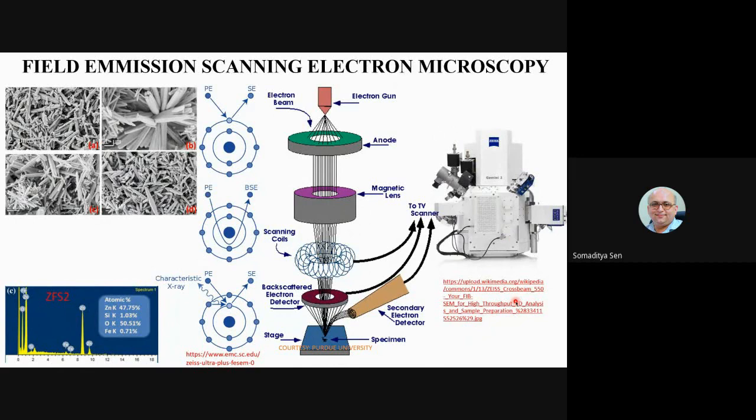Okay. Now, how is it that electron microscopy can give us this? Let us understand a little. What is a field emission scanning electron microscope? The electron microscope has an electron gun, and then there are lenses and anodes which streamline the electrons and make them fall on the material.